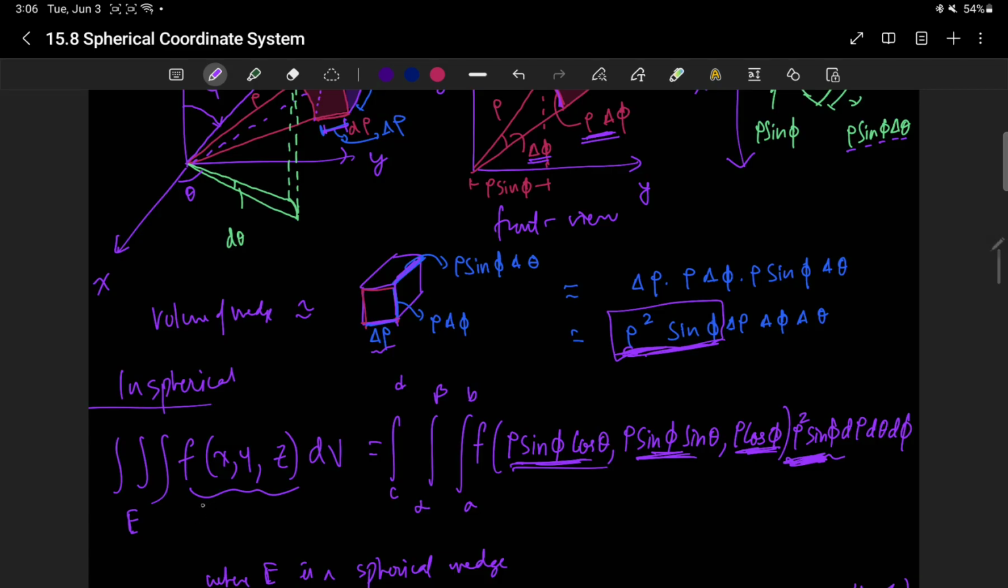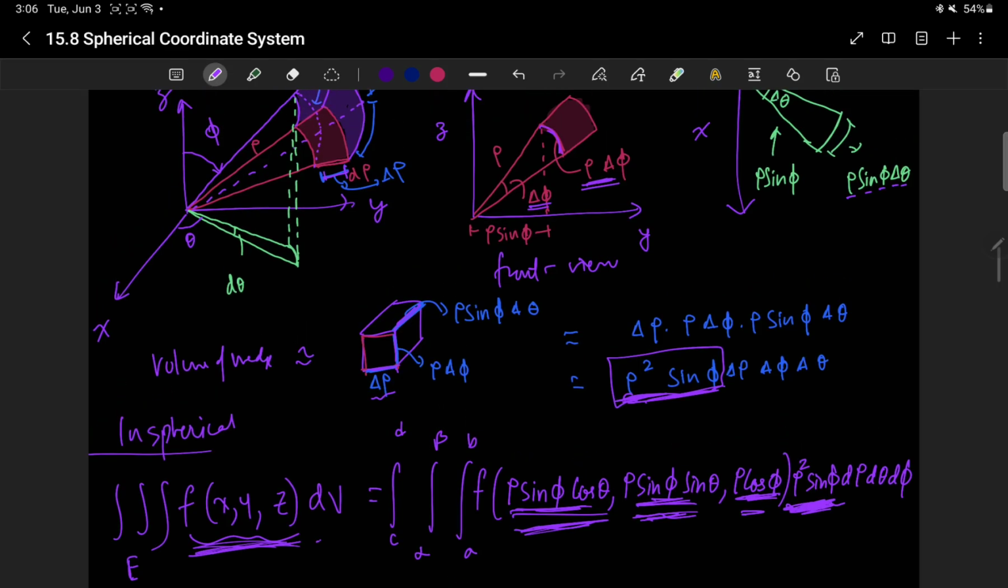And because of that, when you go from f(x,y,z) dV to spherical coordinates, similar to polar, the first thing you want to do is rewrite the function in spherical coordinates, and you have this additional factor of rho squared sine phi. Now this diagram here shows you one of the explanations of why the rho squared sine phi comes in, but we will be looking at some more explanations later on when we learn about what is called general transformation to other coordinate systems.